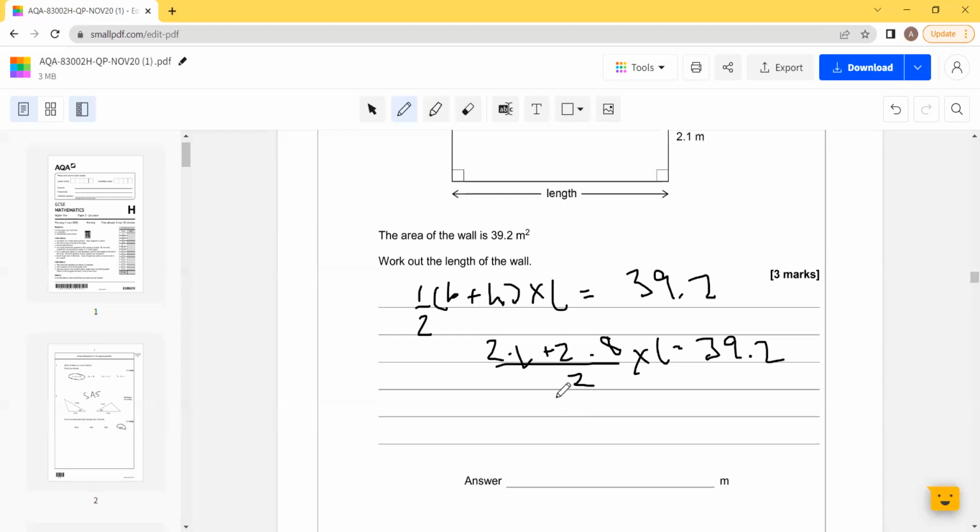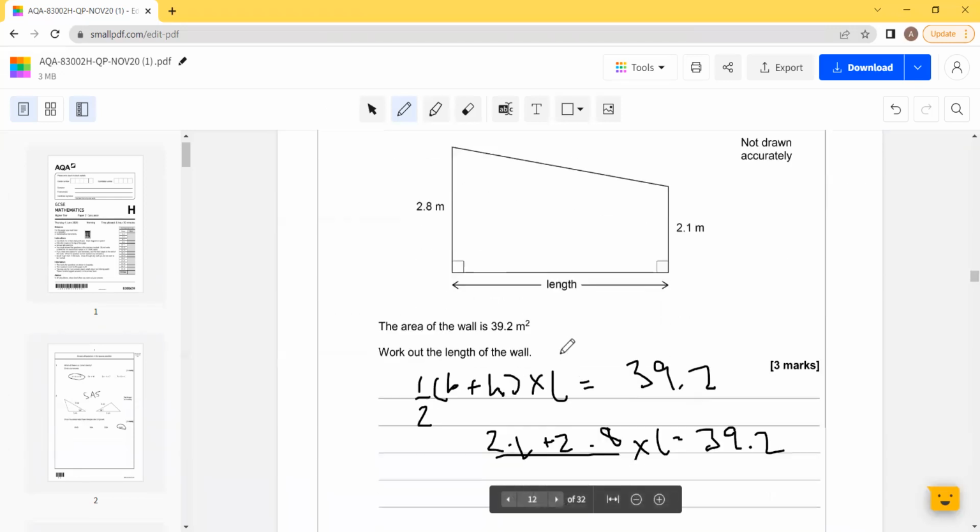So we have 2.45 L is 39.2. So now divide both sides by 2.45. Okay, and then we get the answer for the length, which is 16. So it's pretty simple. We just use the formula for the area of a trapezium and substitute in our values.